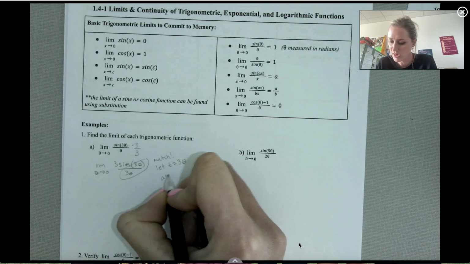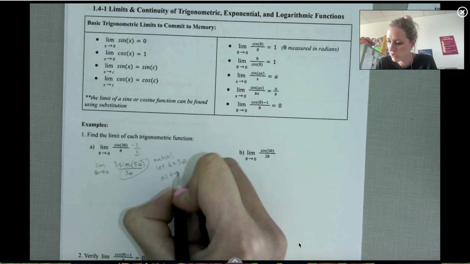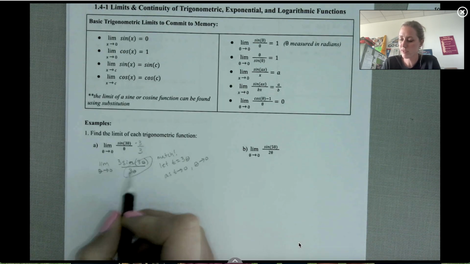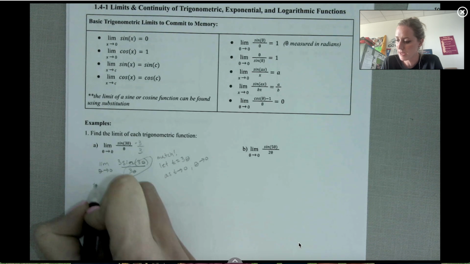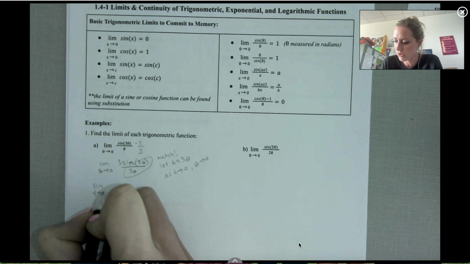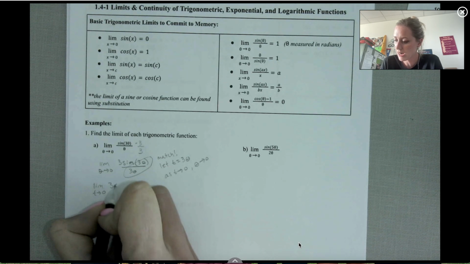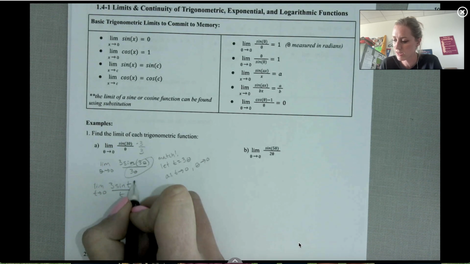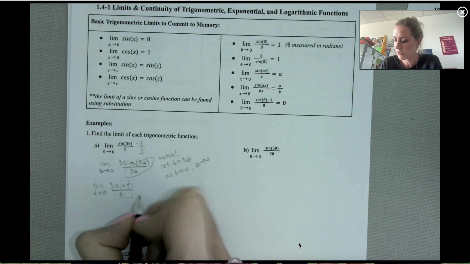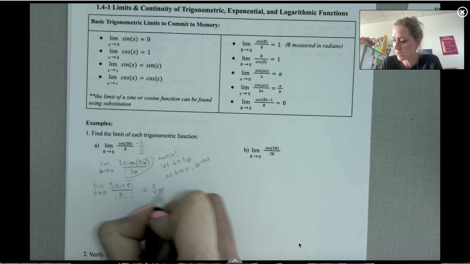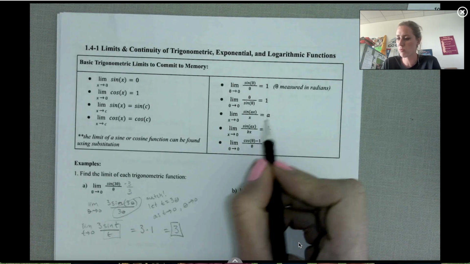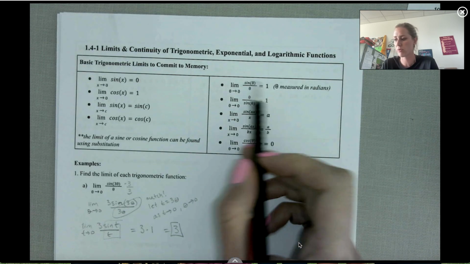So as t approaches 0, theta is going to approach 0. Okay? So basically, I'm going to rewrite this as the limit as t approaches 0 of 3 times sine of t over t. Well, this part equals 1. So this is going to turn into 3 times 1, which is 3. So that's why this one works. It's derived from this original one.